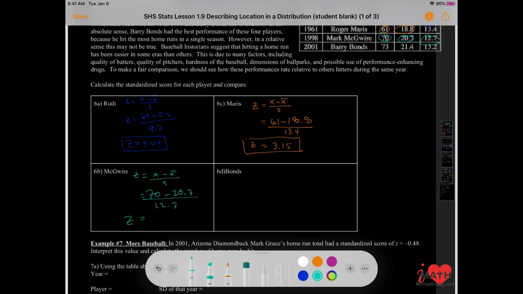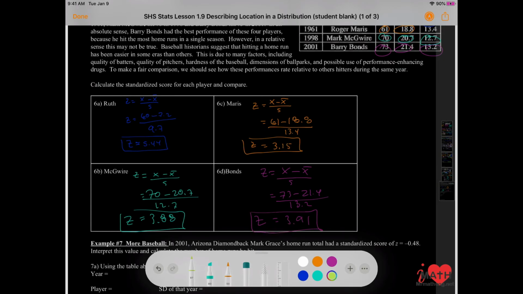And that gives Mark McGwire a z-score of 3.88. And then Barry Bonds, z equals, again, his number minus the average over the standard deviation. So 73 minus 21.4 over 13.2. Your z-score is going to be 3.91.